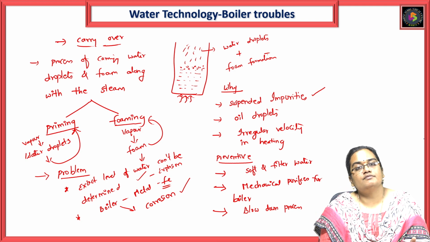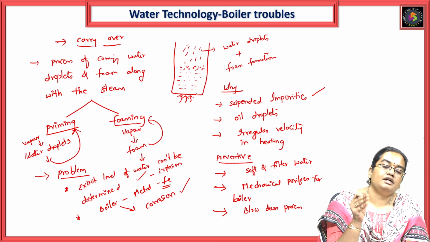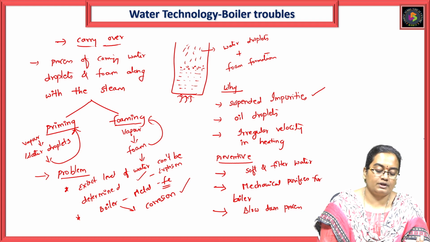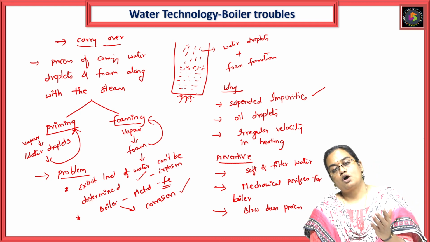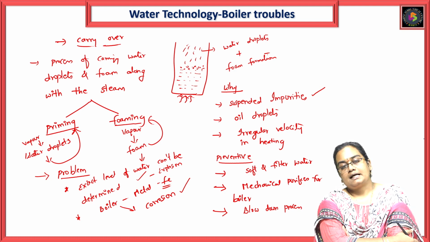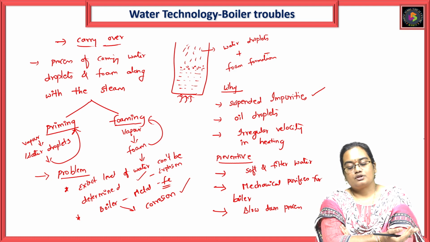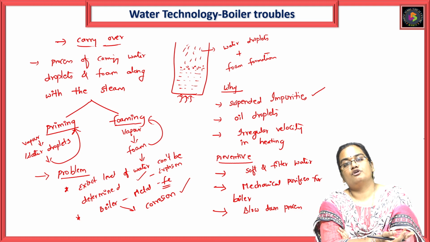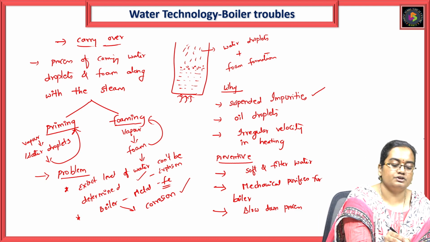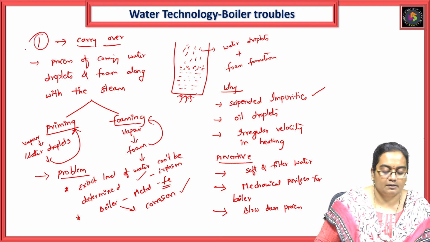And what is the problem of this carryover? It leads to corrosion and it leads to explosion of the boiler, as we don't know the exact level of water. Next, how to control this carryover problem is by using mechanical purifiers and by the blow down process. If we use soft water for boiling purposes, then also we can control the carryover problem. So this is your first boiler trouble.